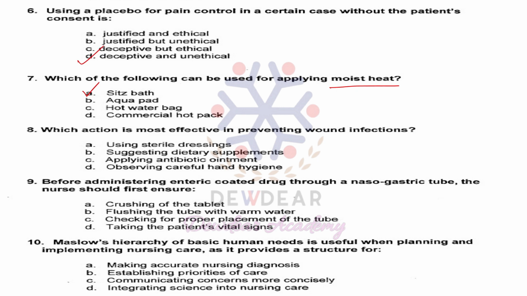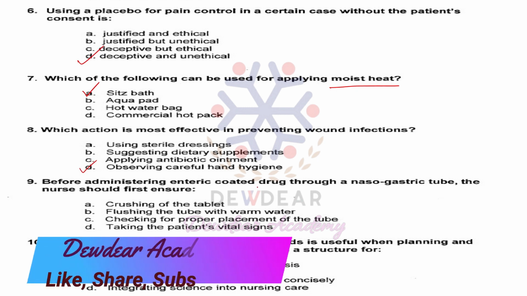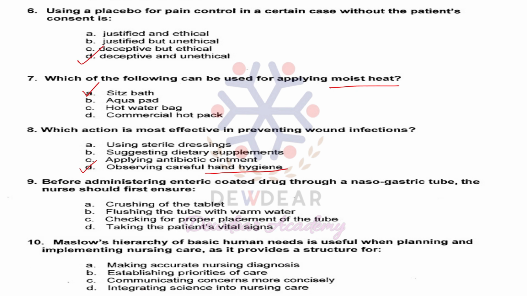The most effective in preventing the wound infection is by observing careful hand hygiene. So D is the right answer here. Observing careful hand hygiene is the most effective method in preventing the wound infections.